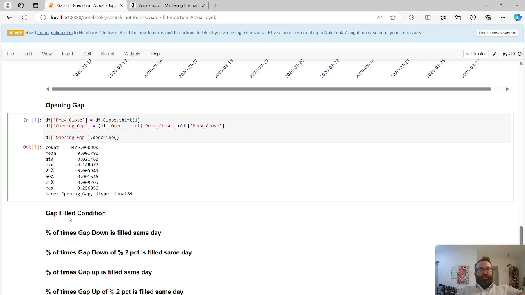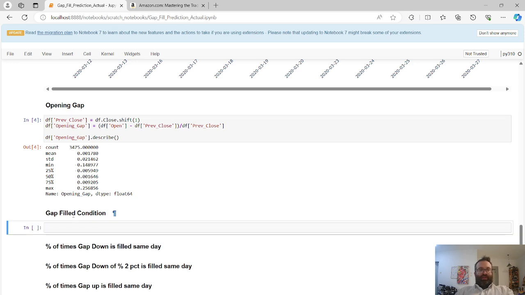So now we want to have a gap condition. What does it mean to be a gap down? A gap down means your open is below previous day close, right? So this percentage would be less than 0. So gap down would be df gap down equals df opening gap less than 0.